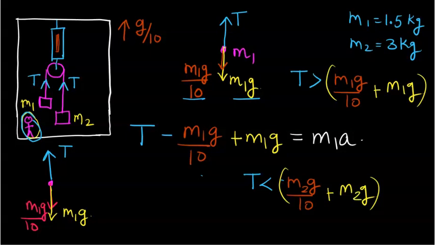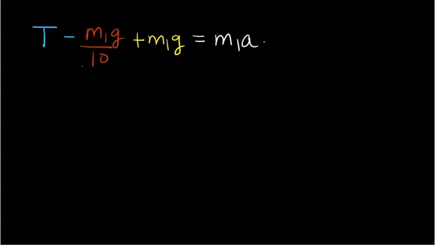So here m2g by 10 plus m2g will be greater than the tension. So we can write m2g by 10 plus m2g minus T is equal to m2a.